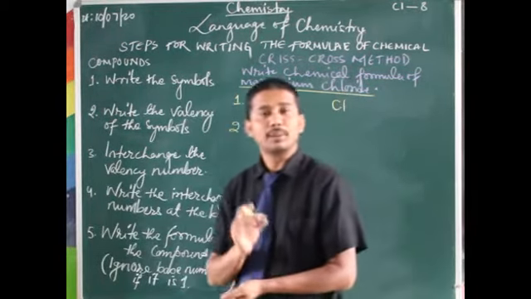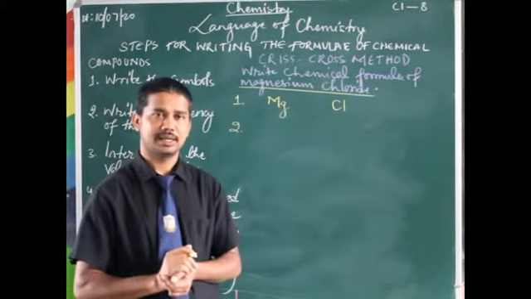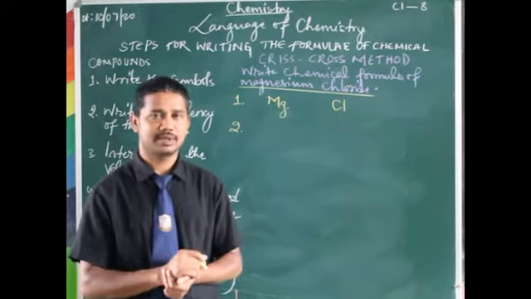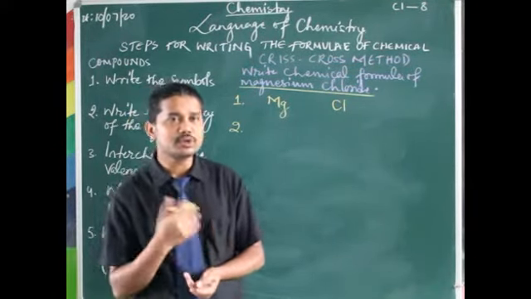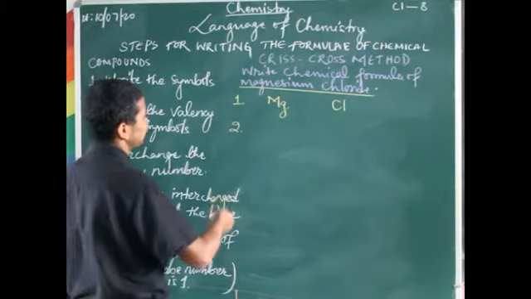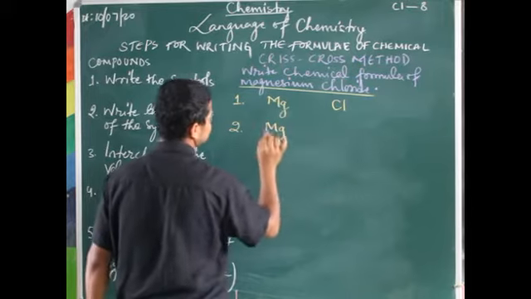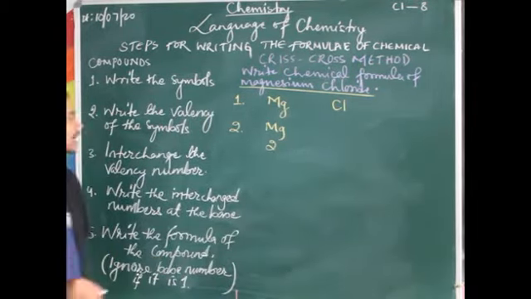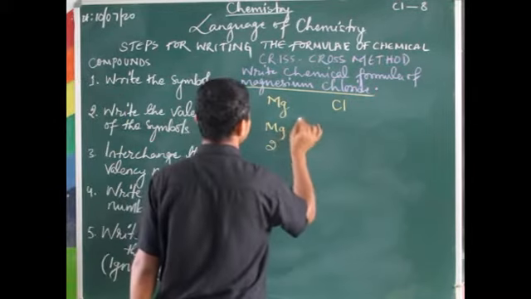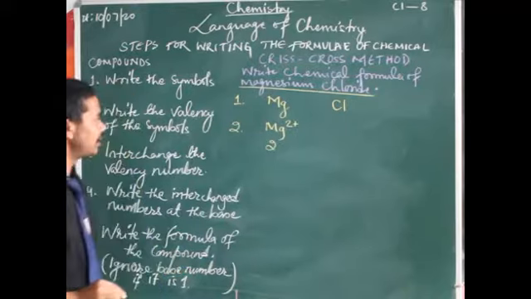So magnesium is a metal. That means it is a cation. It can lose electrons. So it is a positive radical. So magnesium valency is 2. That means it can be written as Mg2 plus.